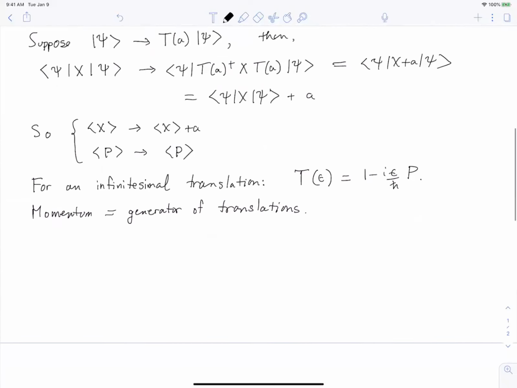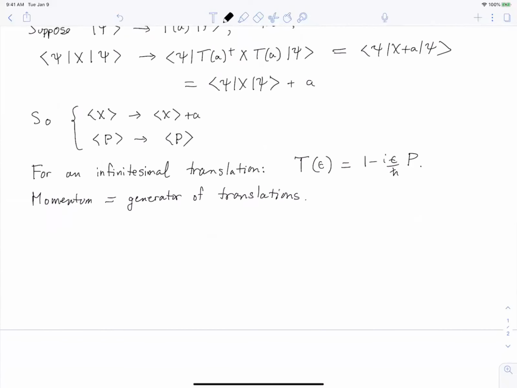Okay. Now suppose that the Hamiltonian is invariant under translations. That's a very special situation, but it can happen.